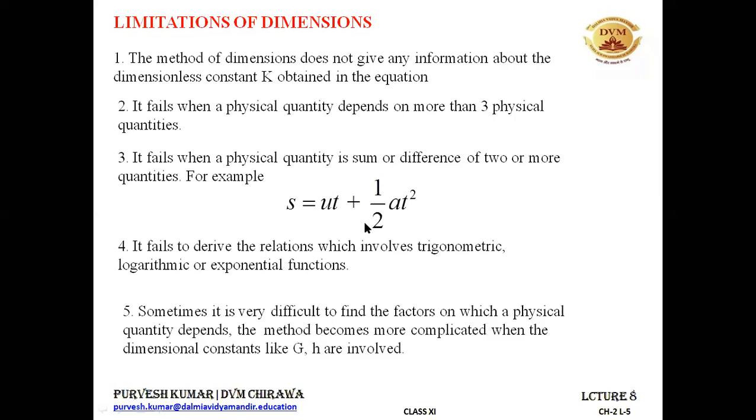So there are a lot of advantages also. Someone may ask that if there are so many limitations, then why are we using them? There are also applications and advantages. We can check whether the equation is correct or not. We can check whether the equation is homogeneous or not.